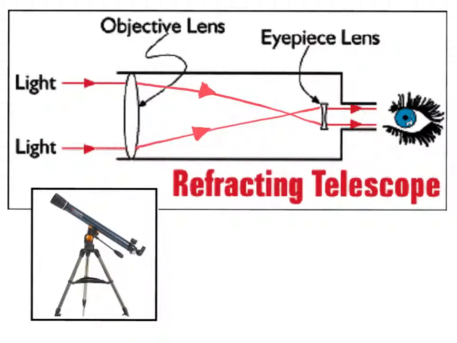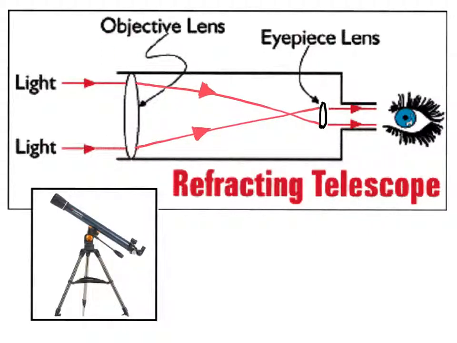The first type of telescope we're going to look at is the refracting telescope, and a simple refracting telescope uses two convex lenses to gather and focus light from distant objects. So incoming light from the very distant object, which is nearly parallel to the optical axis of the lens, comes in through that first lens, and that first lens is called the objective lens.